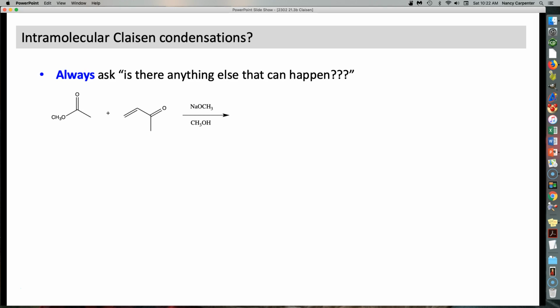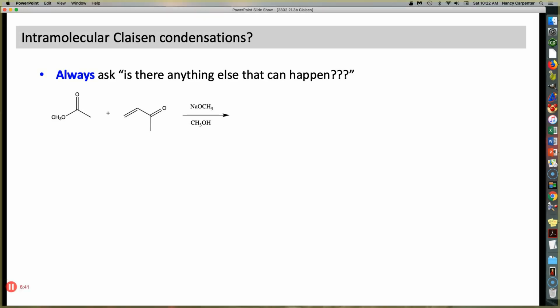Alright, wrapping it up with a specific example of a Claisen. Let's look at this particular reaction sequence. Now, I've got an ester and I've got a Michael acceptor under basic conditions. So as we work through this reaction, as we think about the mechanism and what could happen, we're going to stop at each stage and say, what else can happen?